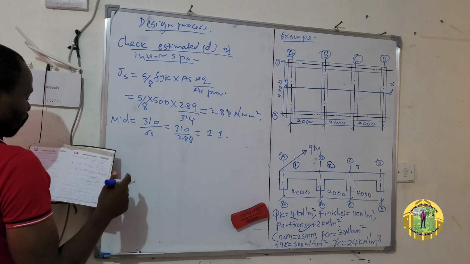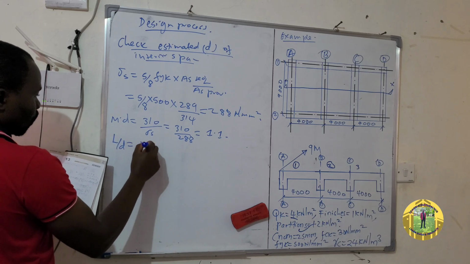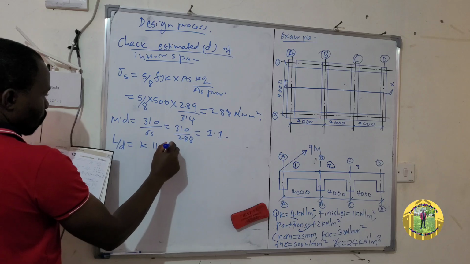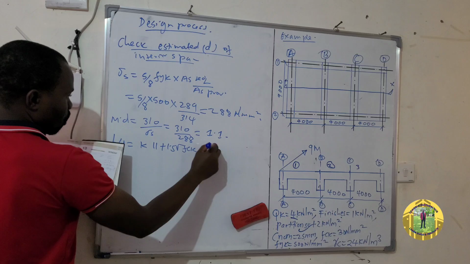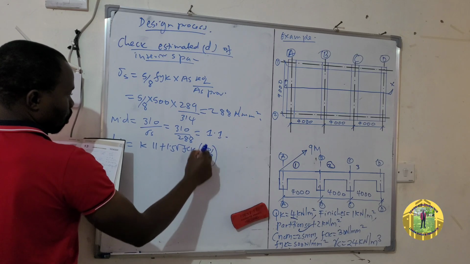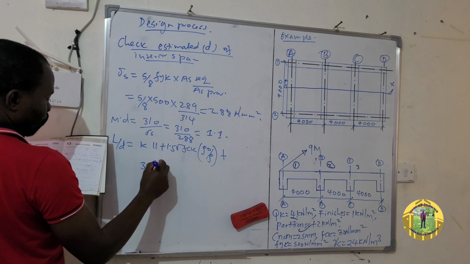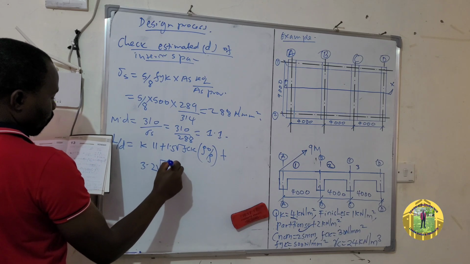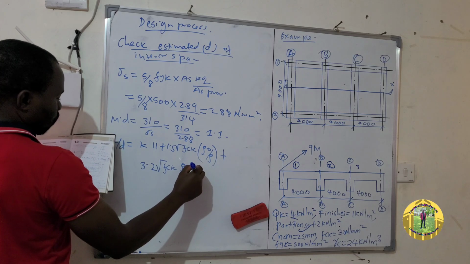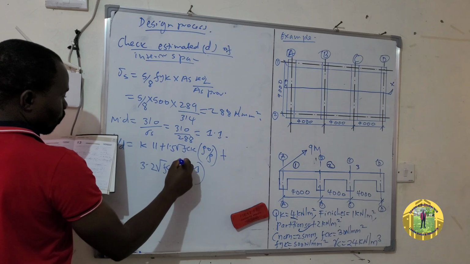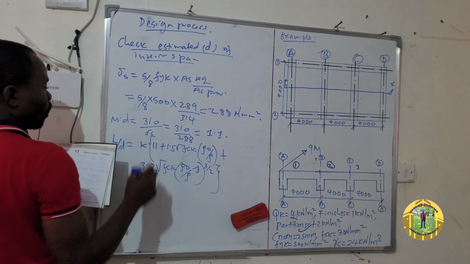And therefore, from this formula, L over d is equal to K into the bracket 11 plus 1.5 root fck times rho zero over rho, plus 3.2 root fck into the bracket rho zero over rho minus 1, raised to power 3/2, then close the bracket.